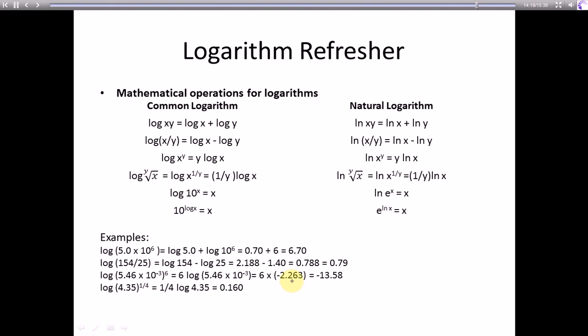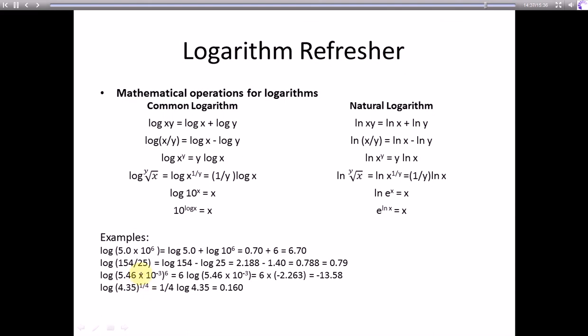Again, I have 3 decimal places in my answer because I have 3 significant figures in my argument. And here's my final answer. My final answer has 4 significant figures.